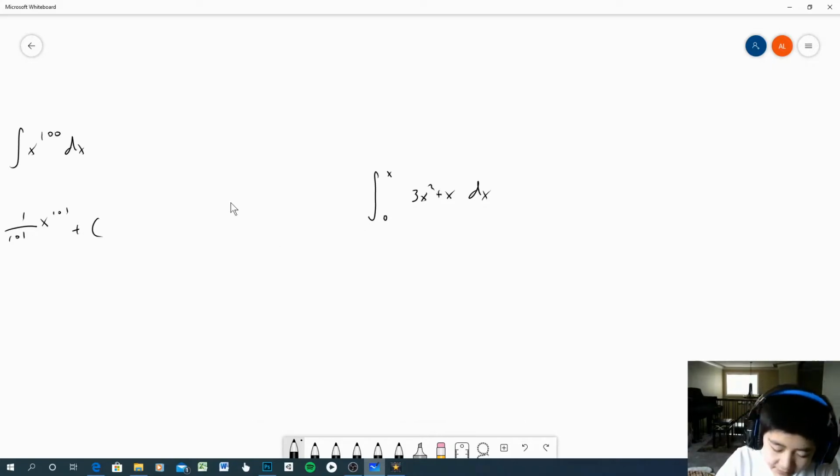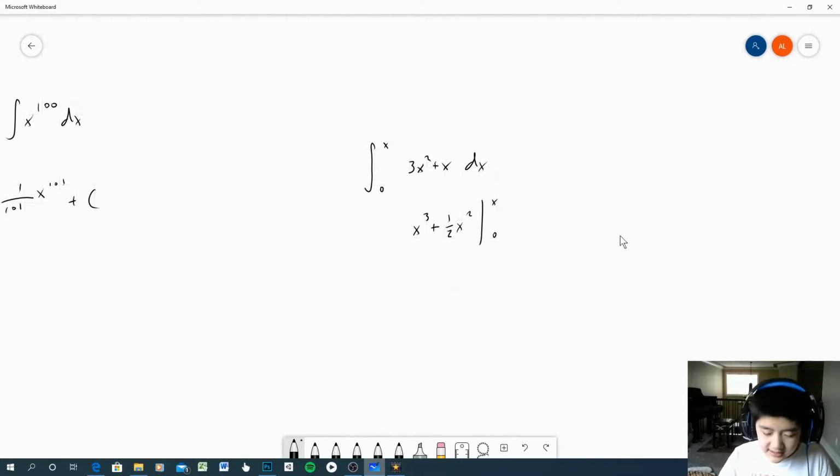So, antiderivative, x to the power of 3. 3 over 3 is just 1, so you don't have to add that. Plus x squared times 1 over 2. And then we add our line, x and 0. And then just like this, we can treat this x like a normal number. So we can just substitute all x's for x, and they'll just give us x squared. Whoops, that might look like a 3, so there we go.